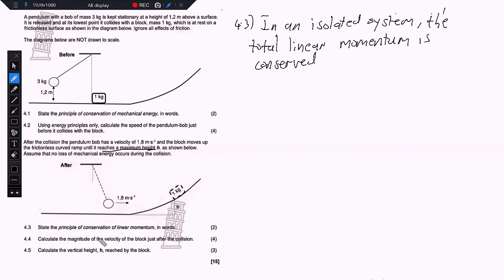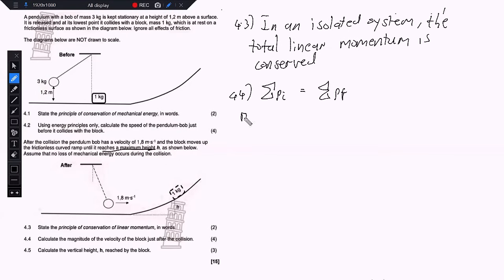Then 4.4 says calculate the magnitude of the velocity of the block just after the collision. We have just defined principle of conservation of linear momentum, so we might just need to use the principle of conservation of linear momentum. So this is a sum of momentum before is equals to sum of momentum after, right?